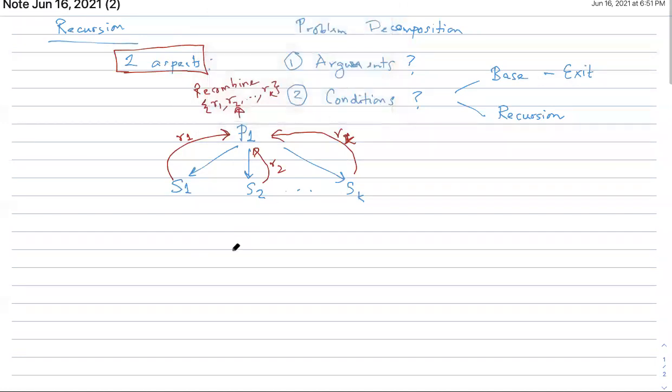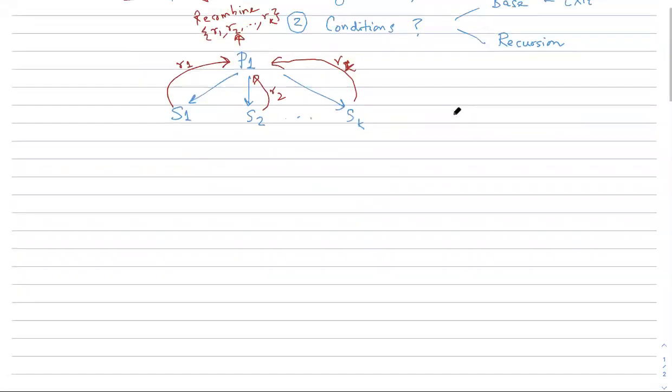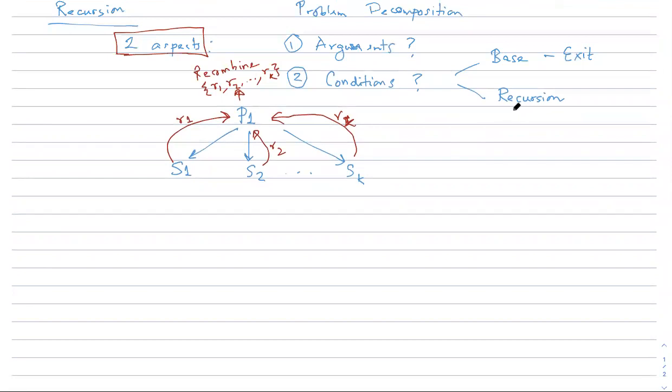So recursion essentially went through the process of decomposition into sub-problems and recomposition of the results that are coming out of the solutions to the sub-problems. So, recombination.